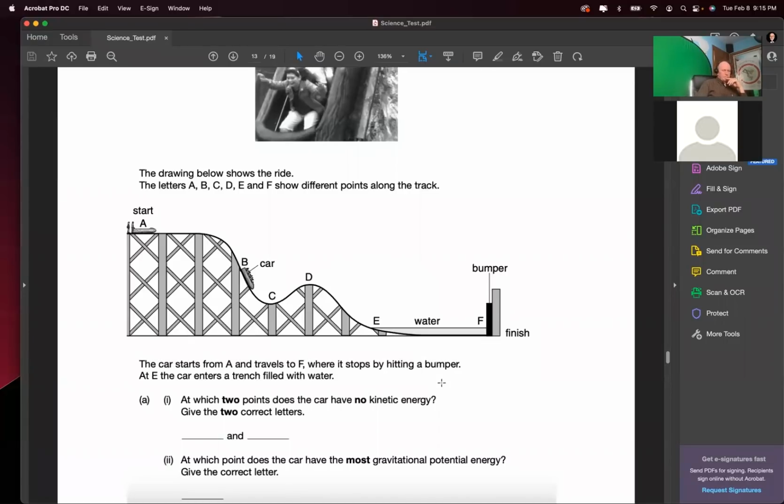No, I mean it would count as one of the points where it has no kinetic energy. So one of your answers is F. Right. What's the other answer? Yeah, I guess I don't know. It doesn't really specify at A whether it starts from rest or not.